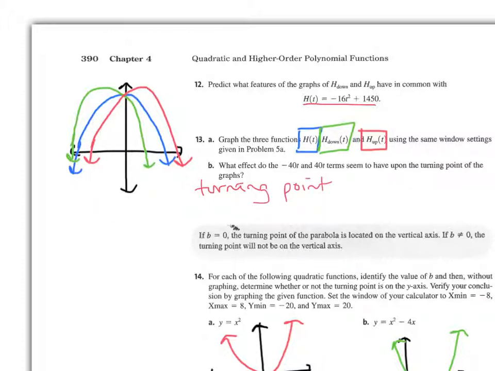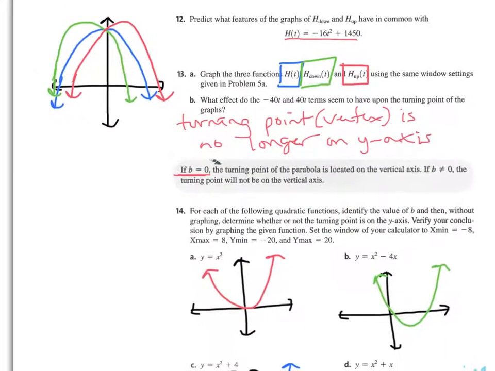Later on we'll call this the vertex. If b equals 0, like the initial one, then the turning point is right on the vertical axis. If not, it starts moving left and right.